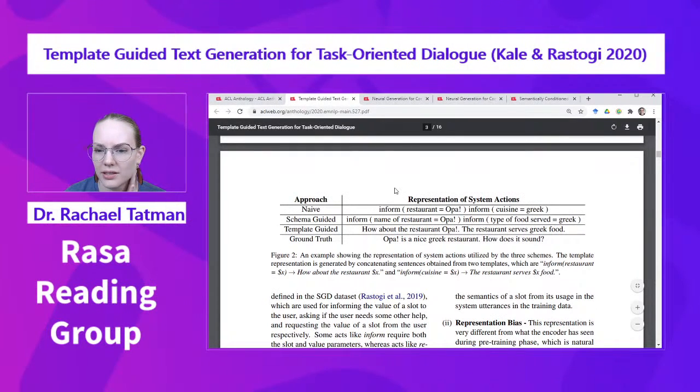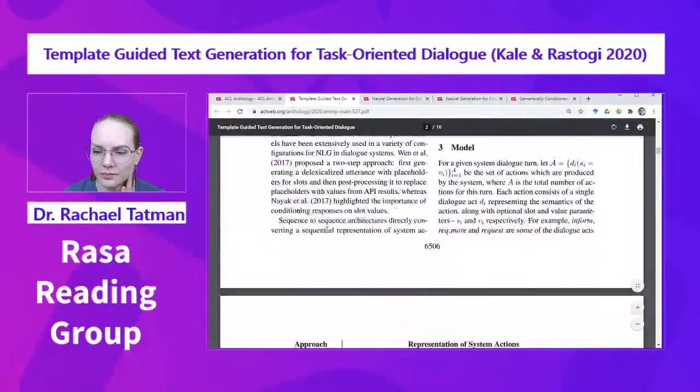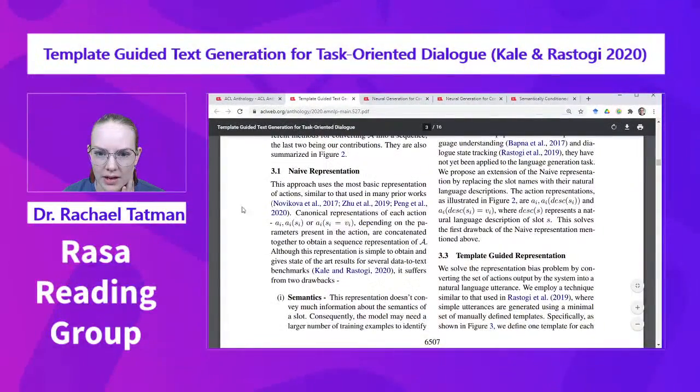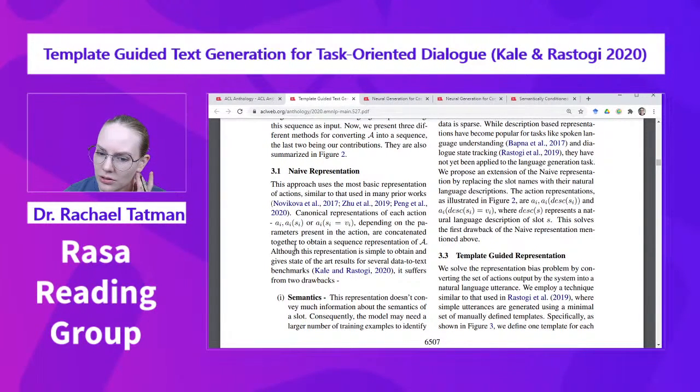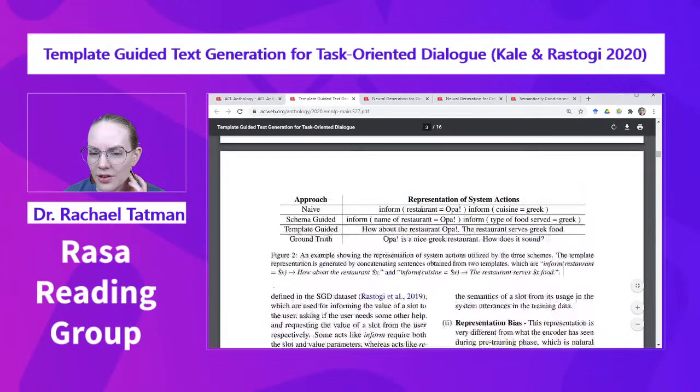So naive is just naive. The most basic representation, canonical representations of each action, depending on the parameters present in the action, are concatenated together to obtain a sequence. So then here the assistant is just informing, and the restaurant is OPA, and the cuisine is Greek.